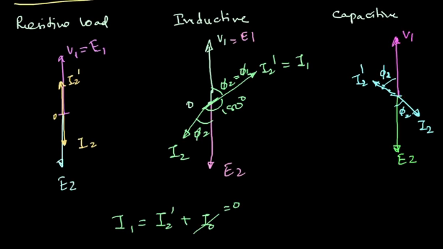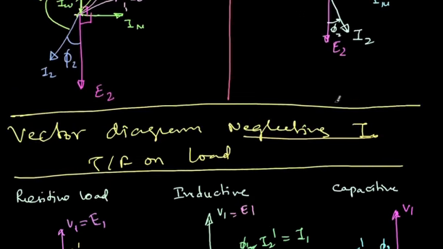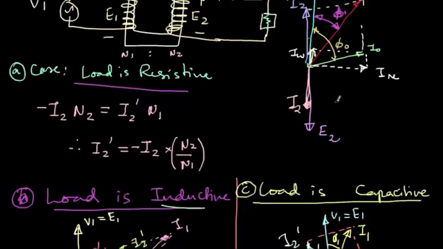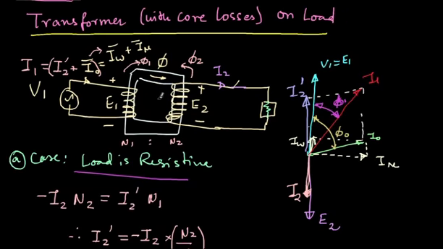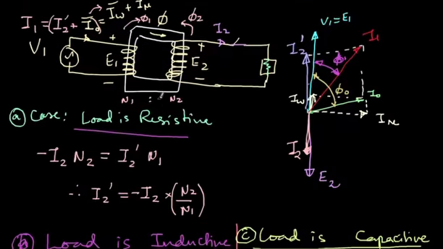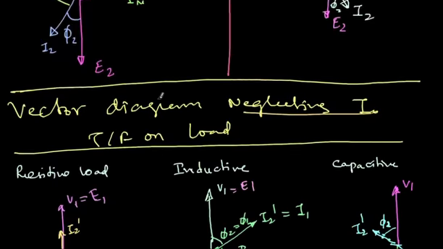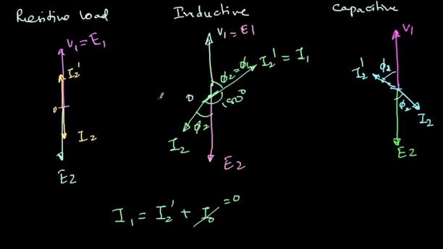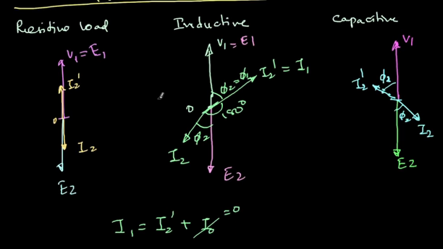So this way we can get the vector diagram. I hope you have understood the vector diagrams. Looking at the vector diagram, we can understand what is going on. In the next part of this video, we'll solve some example problems, in all cases, resistive, inductive, capacitive, and then we'll try to gain some more understanding through solving the examples.